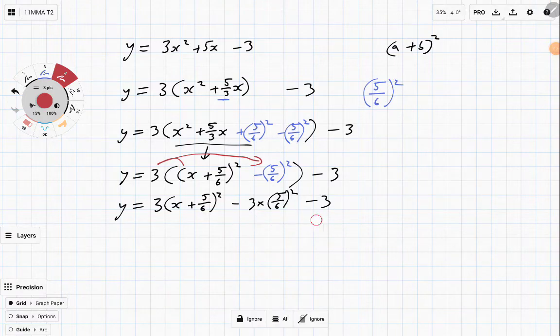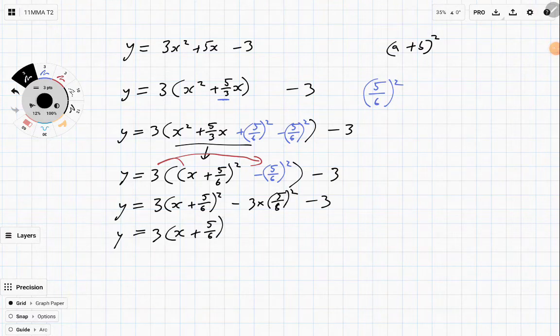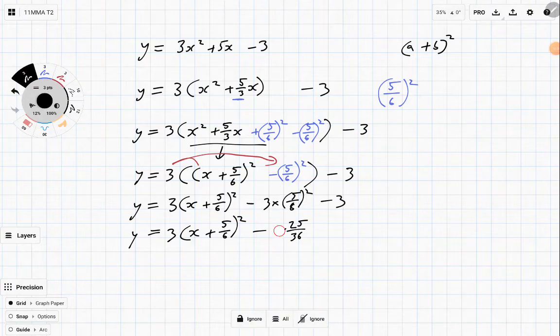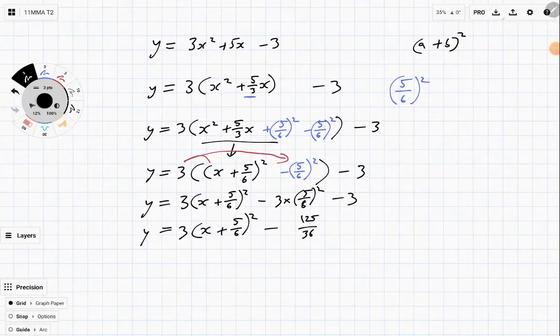So the first thing we're going to do is get rid of this a little bit, make it a little bit cleaner. So y is equal to 3(x + 5/6)² minus, and then we've got this. So (5/6)² is 5² on 6², which is 25/36, times 3. 25 times 3 is, oh sorry, 75.